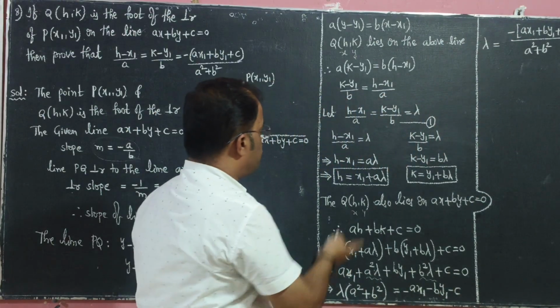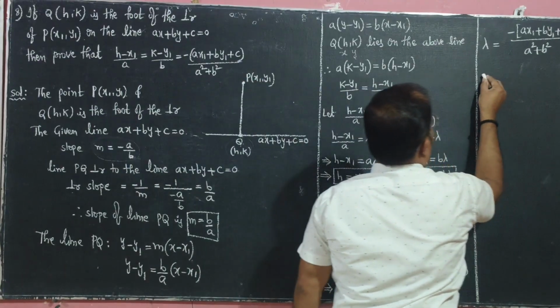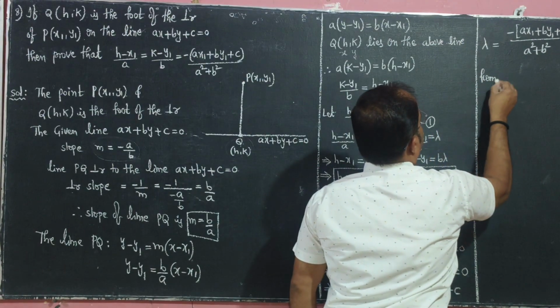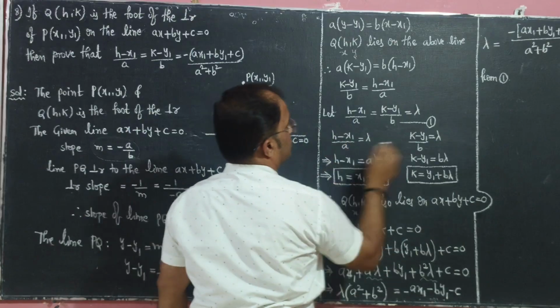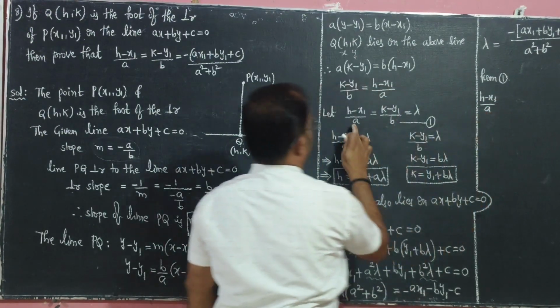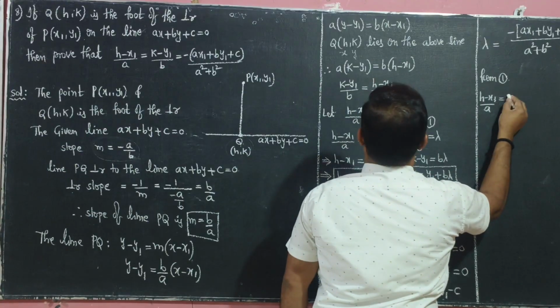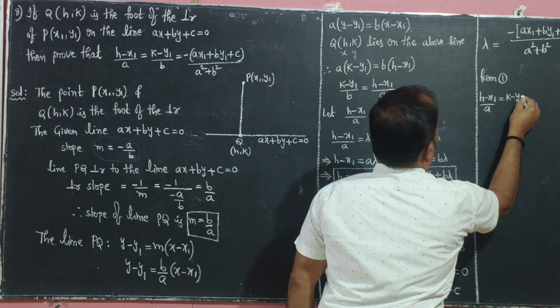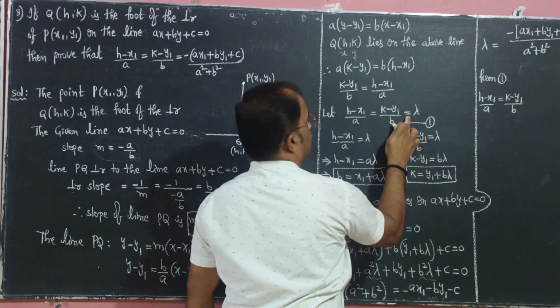Clear? Substitute in equation number 1. What is equation 1? (h minus x1) by a equals (k minus y1) by b equals lambda.